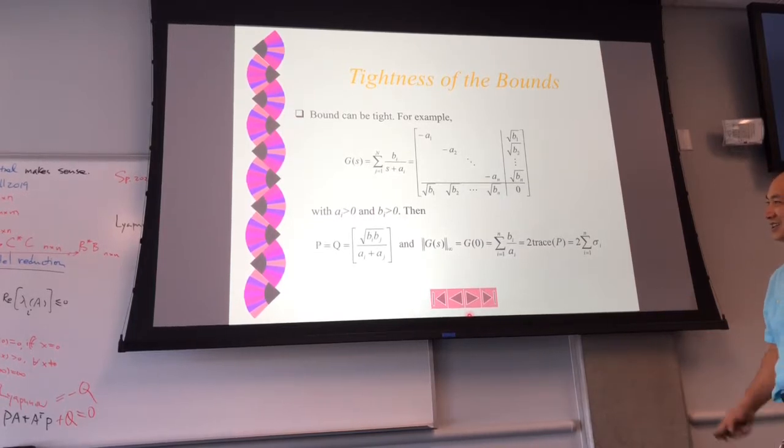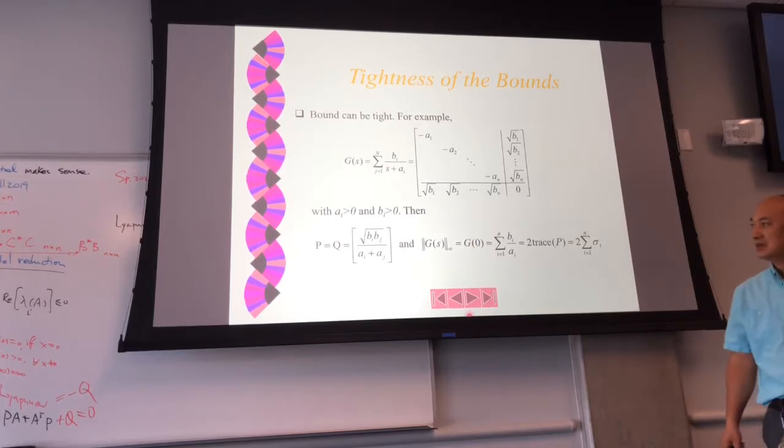So the P and Q will be like this, and this infinity norm will be the sum of the sigmas. And then this G0, when s is 0, this one equals 2 times that. So it's actually equal. Very tight.